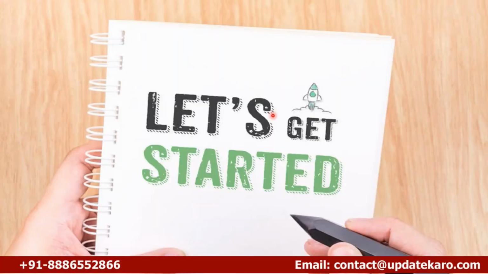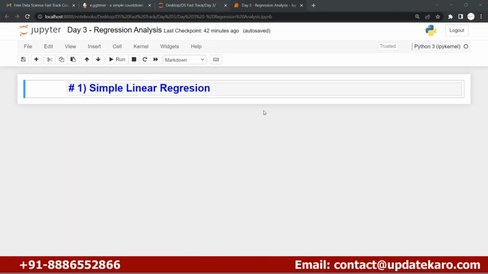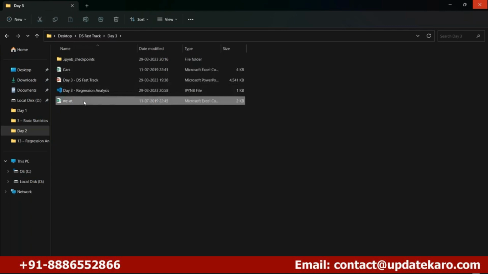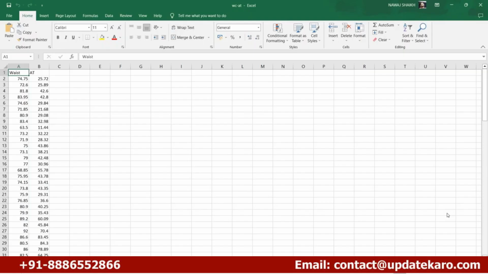Go with our practicals and understand how you can implement linear regression in our data set. Here we will first talk about simple linear regression. Here you will get the data set, let me show you. The intercept beta naught shows the estimated coefficient in the regression line, which is Y equal to beta naught plus beta 1 X. So beta naught is your intercept.